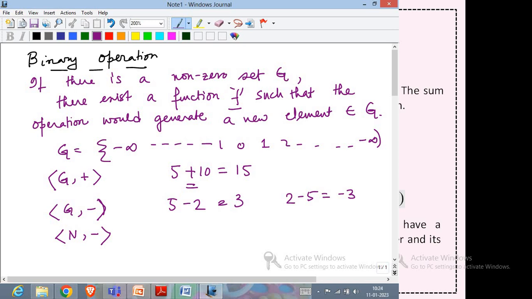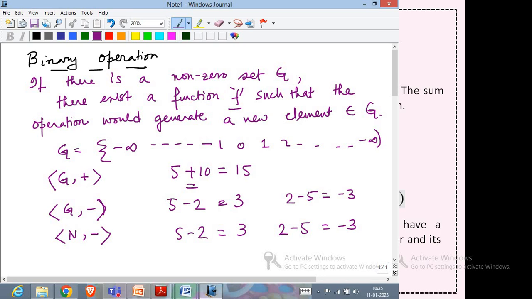Now if I consider that, will plus be a binary operator on top of it? The answer is yes. But will minus be an operator? If I take 5 minus 2, it becomes 3, which is part of the set. But if you take 2 minus 5, which is minus 3, it doesn't belong to the set.